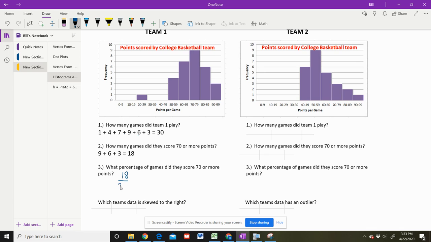They played 30 total games. 18 of those games, they scored 70 points or more. And then we're going to multiply that by 100 to make a percent. And when we do that, we're actually going to get 60%, just like we did in the last one.